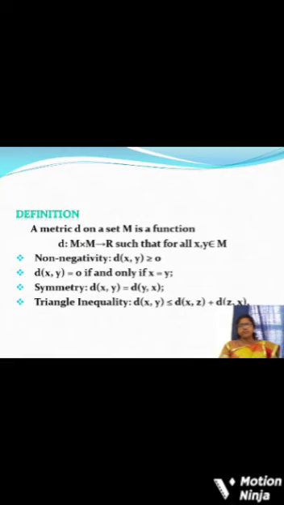Third one is the symmetric condition. That is, the distance between x and y and the distance between y and x should be the same. Fourth one is triangular inequality. d of x comma y is less than or equal to d of x comma z plus d of z comma y. These four conditions should be satisfied for all the points in M.